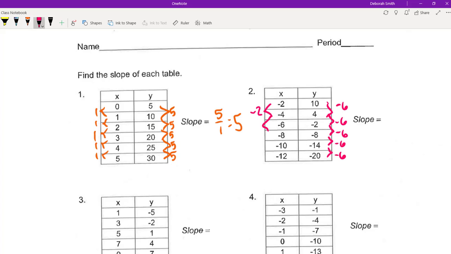To go from -4 to -6 is decreasing by 2. -6 to -8 decreases by 2. -8 to -10 decreases by 2. -10 to -12 decreases by 2. So it's all the same. So our slope begins as vertically -6 over -2. And then when you simplify that, our slope for this table is +3.